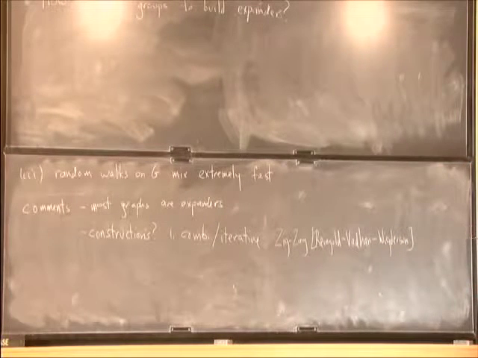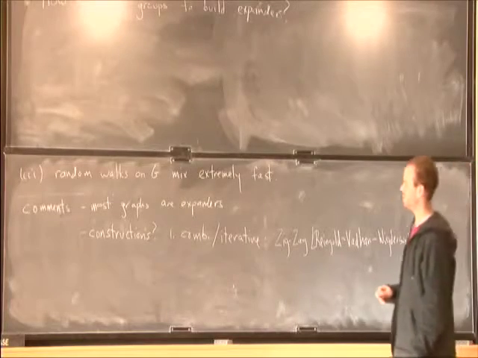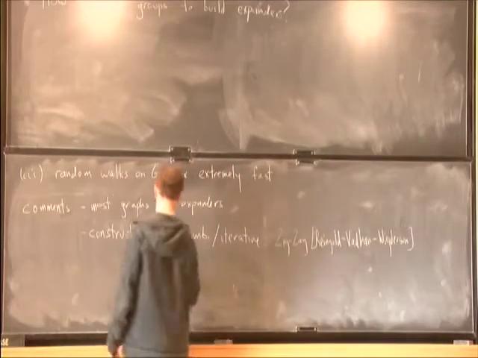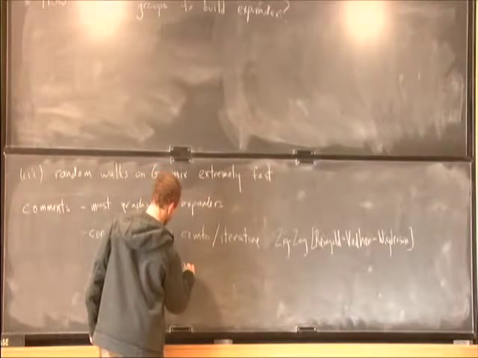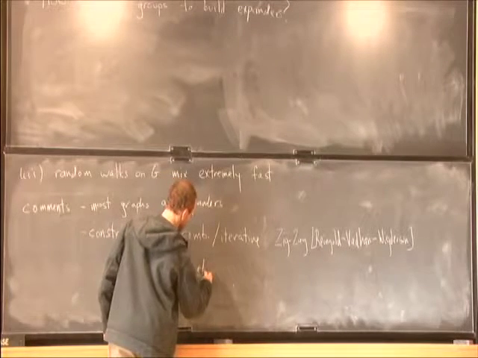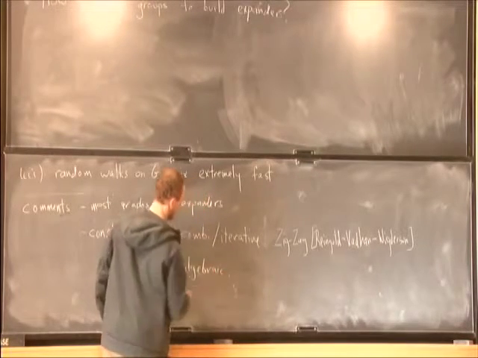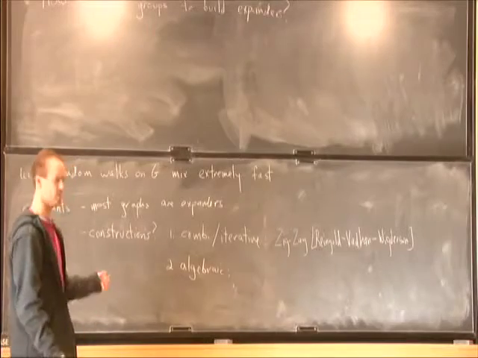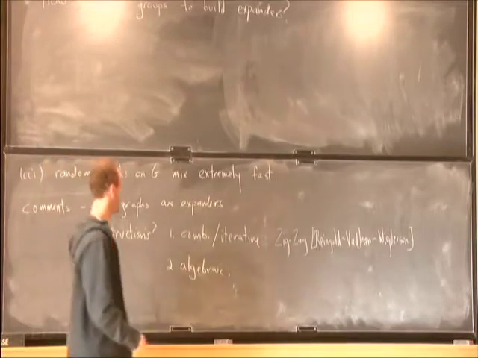So there are combinatorial constructions of expanders, and there are also algebraic constructions. And I think the first construction was algebraic.